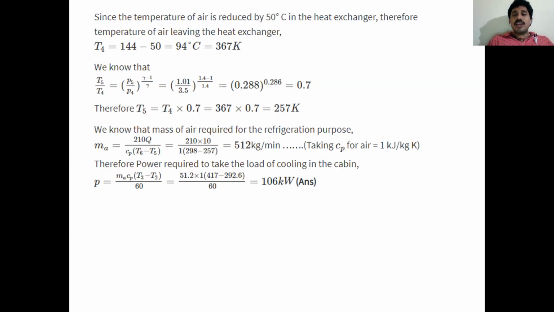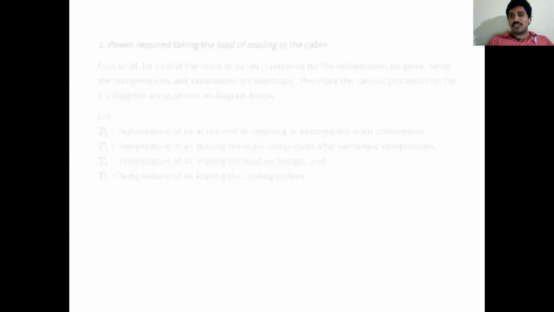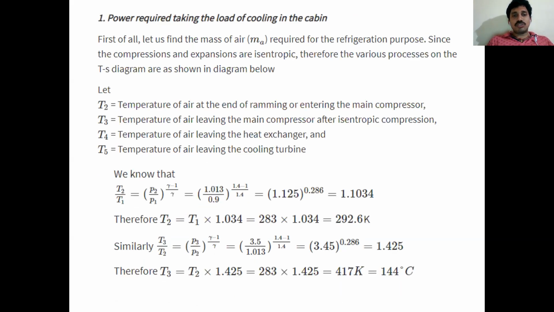So for m_a, see all of you, Q is given, the refrigerating effect. Q is equal to m Cp delta T. Q belongs to process 5-6. So m_a Cp (T6 minus T5), that is the Q equation, the refrigerating effect equation from process 6-5.